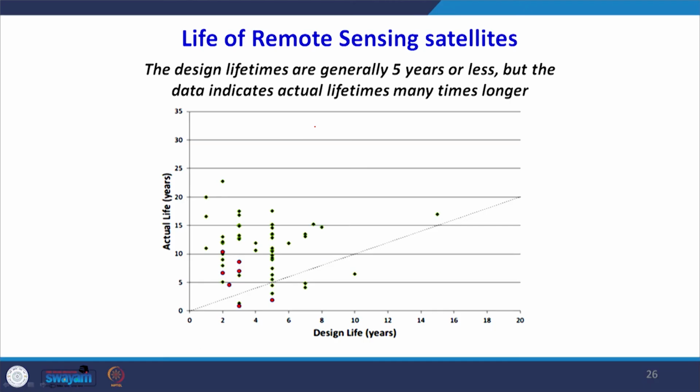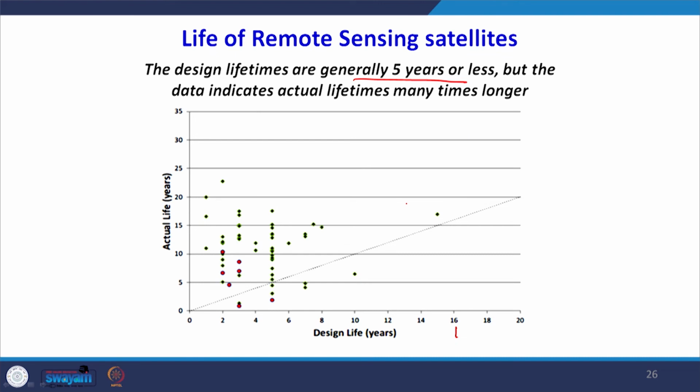Well, the life of a remote sensing satellite when it is launched up in the orbit. So, normally the design life is 5 years, but you can see that this diagram shows that from 0 design life and it is going up to 16 for example or 20. So, some satellites are working, they are operational well beyond 5 years.